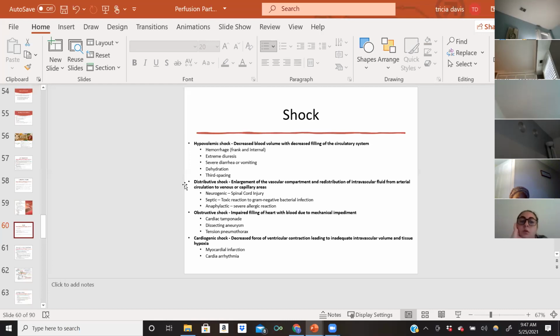Anything that causes impaired filling because of some type of obstruction. And then we have cardiogenic shock. So this is a decreased force of ventricular contraction leading to inadequate intravascular volume and ultimately tissue hypoxia. So this is your heart attack, your myocardial infarction, and your cardiac arrhythmias.